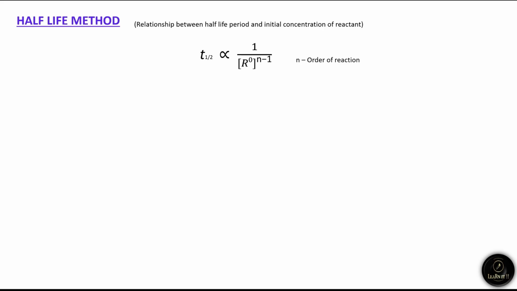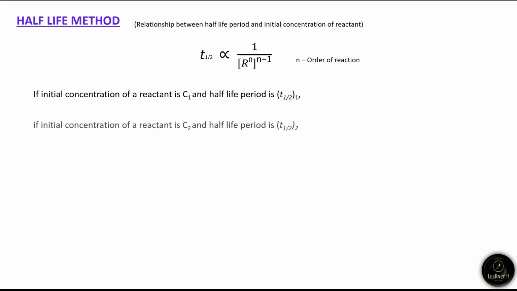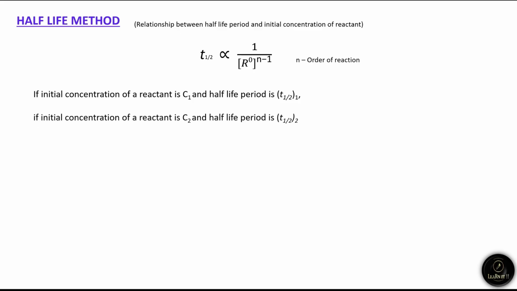Let's consider a case where C1 is the initial concentration of the reactant and half-life period is t half of 1. If the initial concentration of the reactant is C2 and half-life period is t half of 2, then by the above relation we get t half of 1 divided by t half of 2 is equal to (C2 divided by C1) to the power n minus 1.